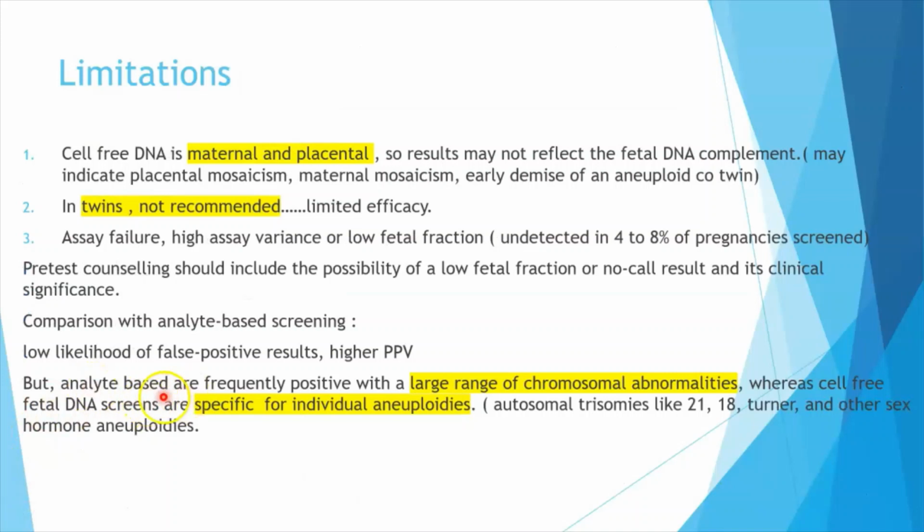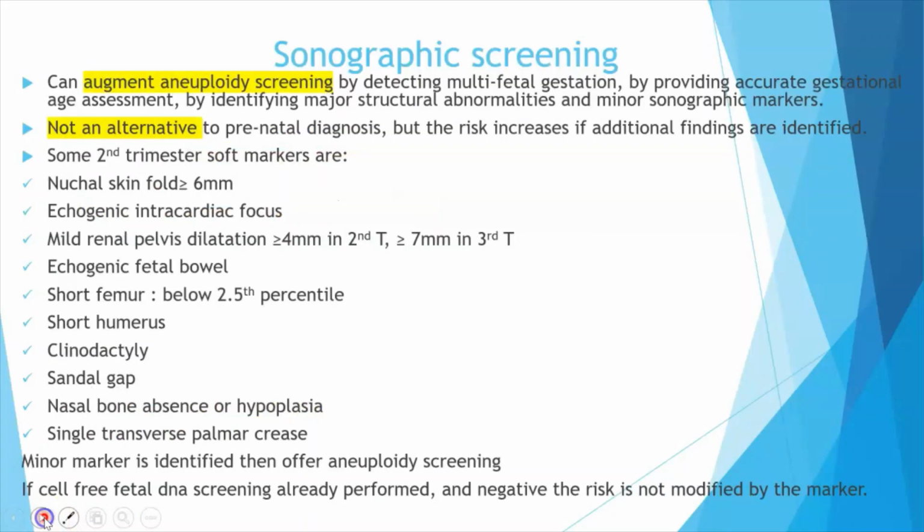Second, analyte-based screens are frequently positive with a large range of chromosomal abnormalities, whereas cell-free fetal DNA screens are specific for individual aneuploidies like autosomal trisomies 21, 18, Turner, and other sex chromosome aneuploidies.